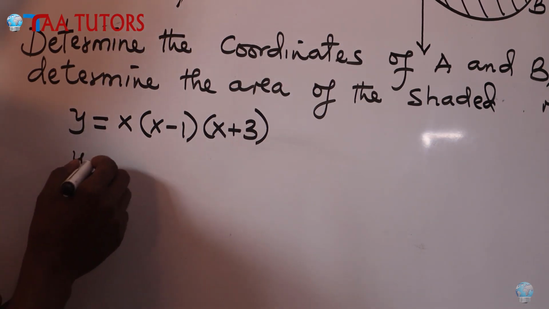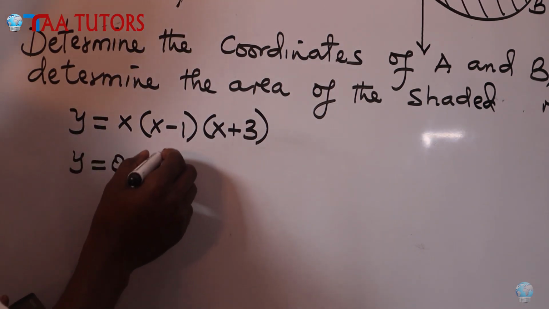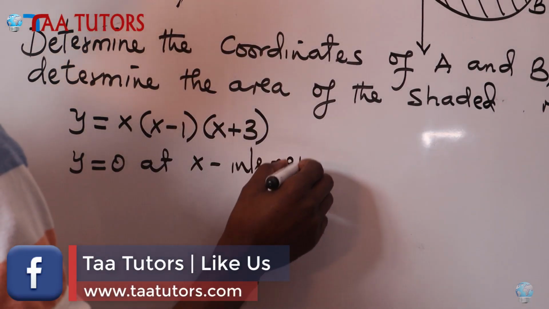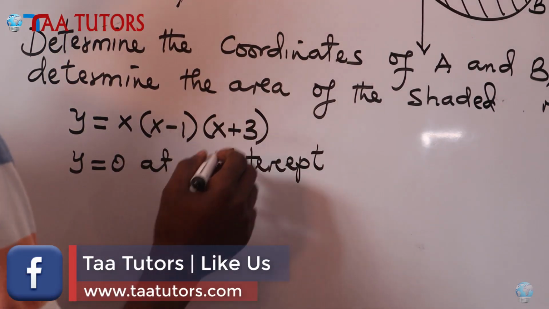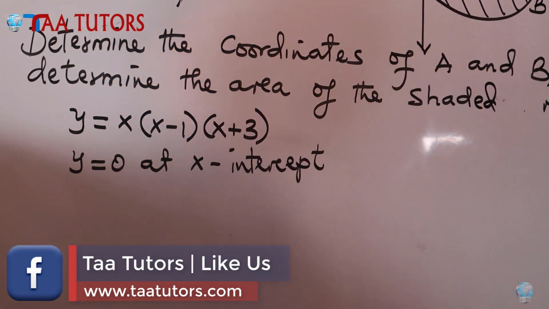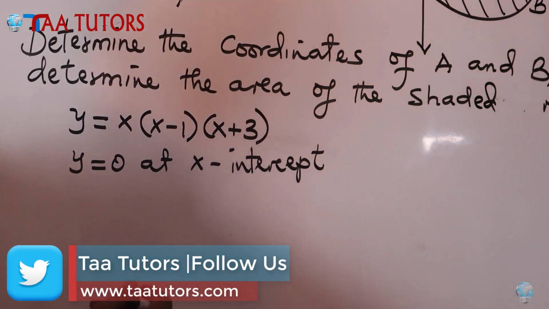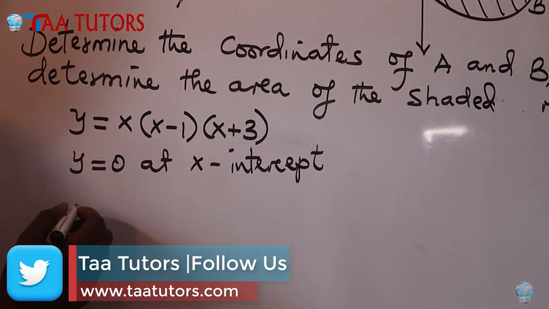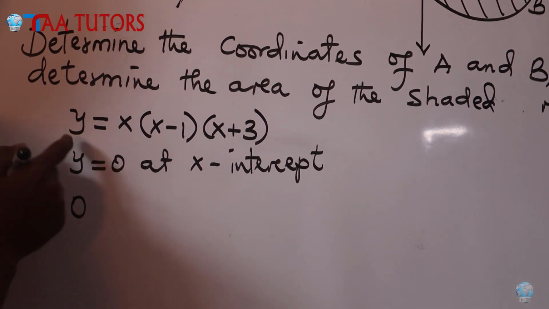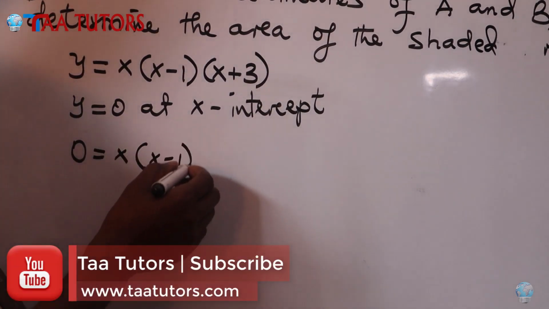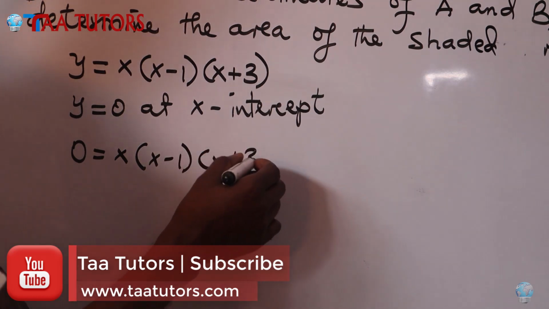So y should be 0 at the x-intercept, meaning at the point where the curve intersects the x-axis. Now I don't have to expand it first. What I'm going to do is to just say y should be 0 at the x-intercept, that should be equal to x into x minus 1 into x plus 3.